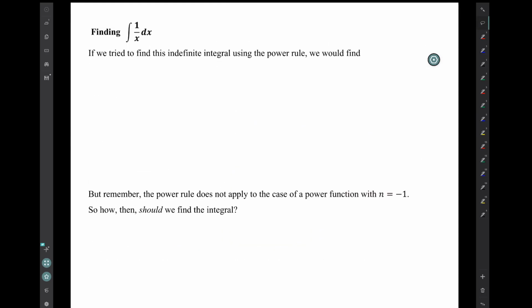Now I want to turn to a very interesting and sort of difficult topic, finding the indefinite integral of 1 over x. If we tried to find this indefinite integral using the power rule, we would find this. Well, we would write our function as a power function. Then we would try to find its indefinite integral.